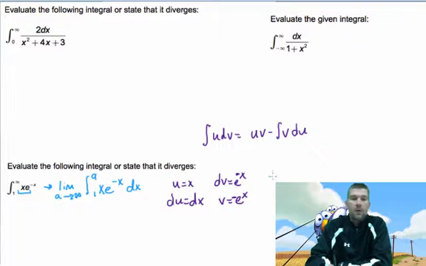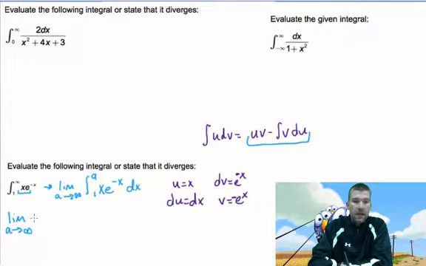So when I look back over here at my problem, I'm going to have the limit as a approaches infinity of the integral from 1 to a. Well, that's this situation right here: u times v.